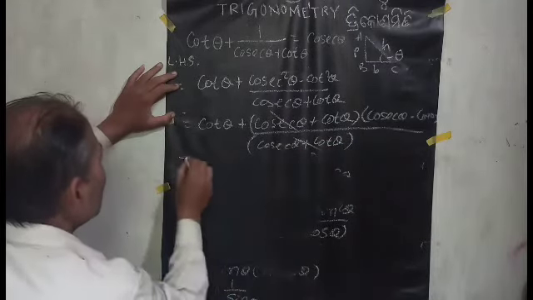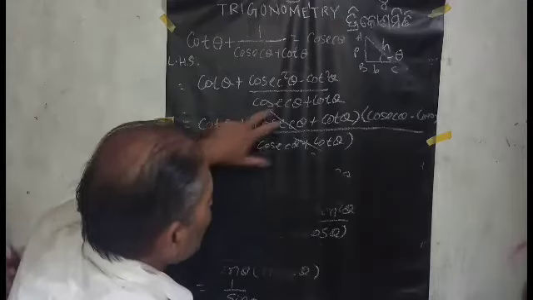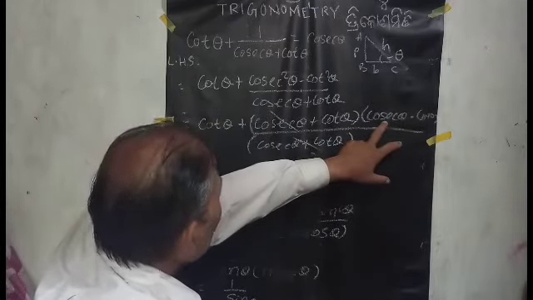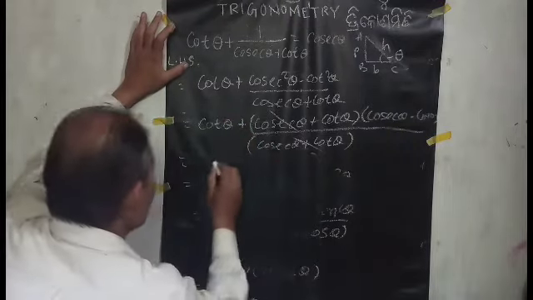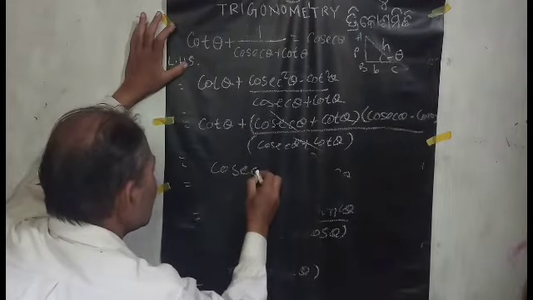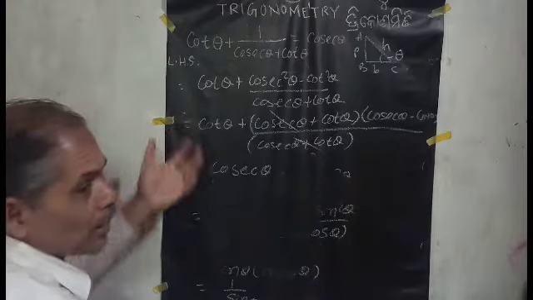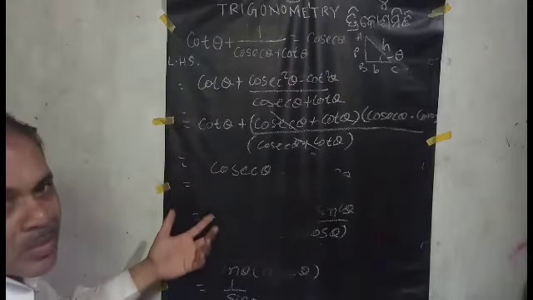Cancelled. Remaining cot theta plus cosec theta minus cot theta. Cot theta and cot theta cancel, remaining cosec theta. This is the easiest way you will do that problem.